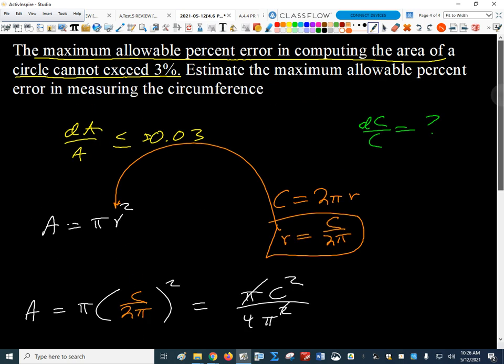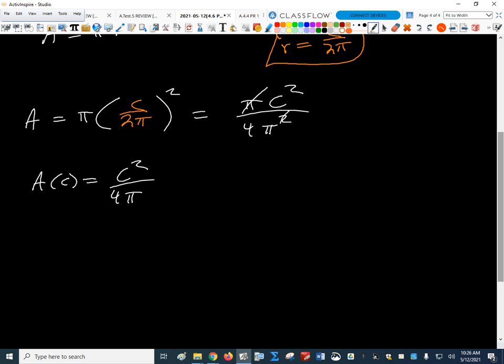Yeah, I need to calculate the differential, don't I? Because I'm trying to build this expression, dA over A. I know what A is. I have A in terms of C, but now I need to get dA in terms of C. Okay, so let's see, Amber, what am I going to get if I calculate dA?